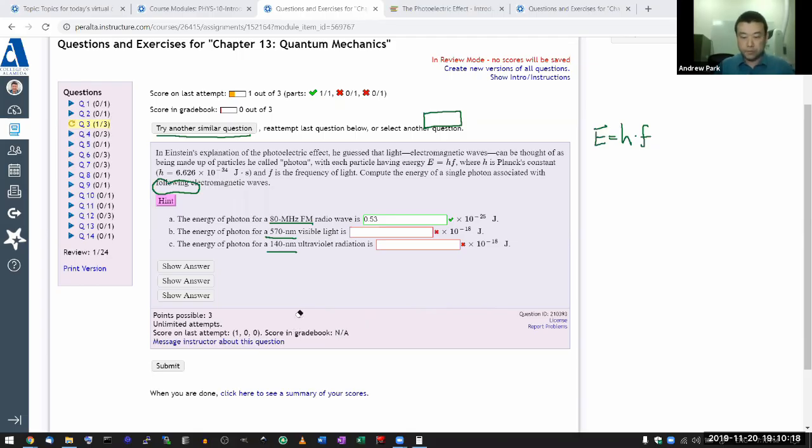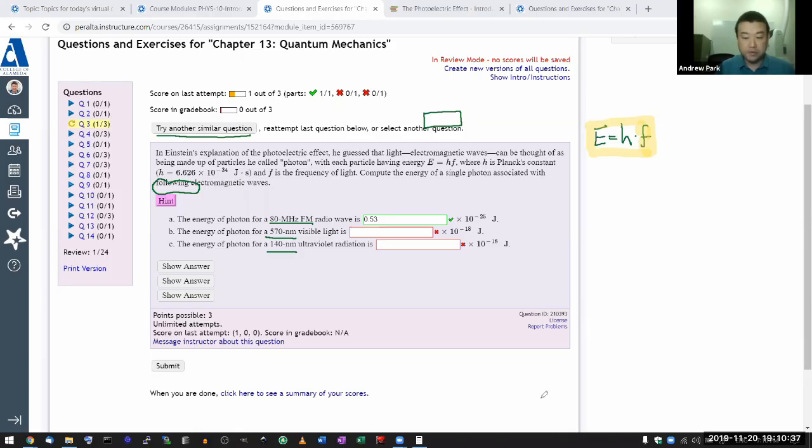You have this relationship here, which gives you the energy of the photon in terms of the frequency. Part B doesn't give you the frequency, it gives you the wavelength.